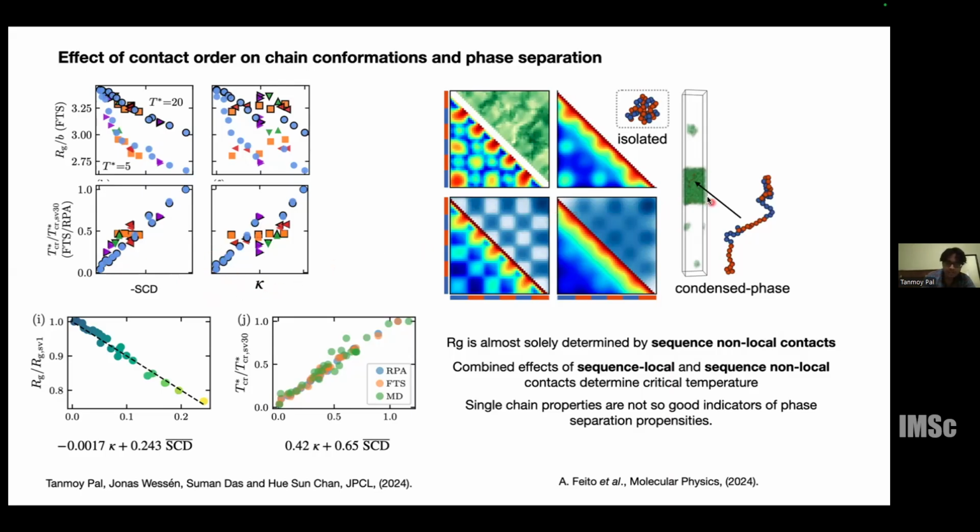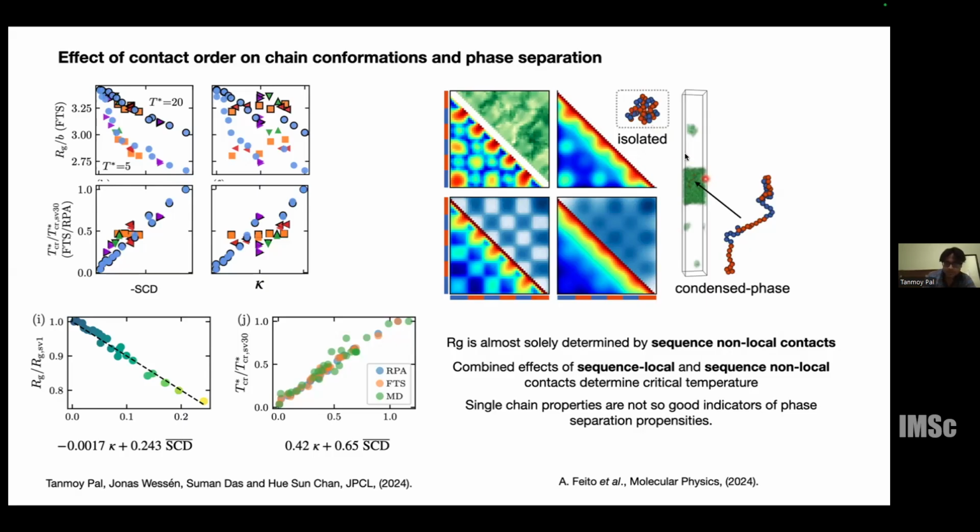So what happens is, in a condensed phase, if we take a single polymer inside the condensed droplet, it mostly stays in an extended state. Here, because each bead can interact with different chains, it's okay to stay in an extended state. But at the same temperature, if you look at an isolated chain, it stays in a collapsed state because it has only itself to interact with.